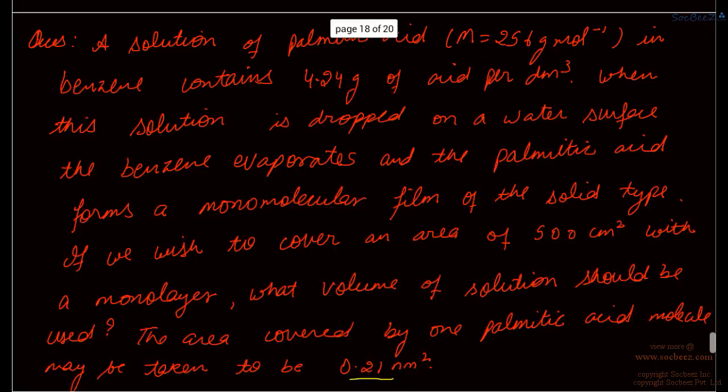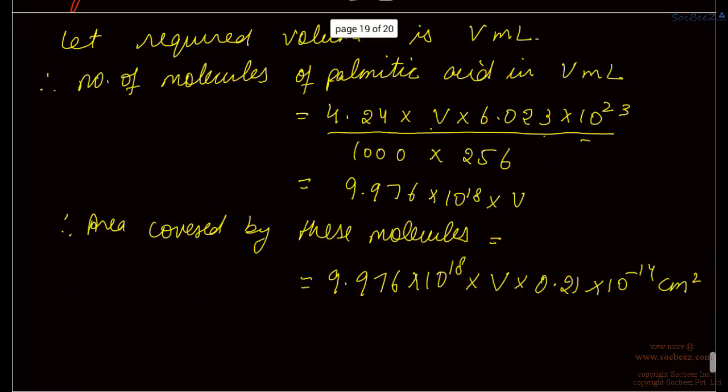So we have converted 0.21 nanometer square into centimeter square, and this comes out to be this value.